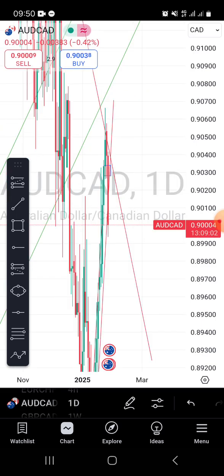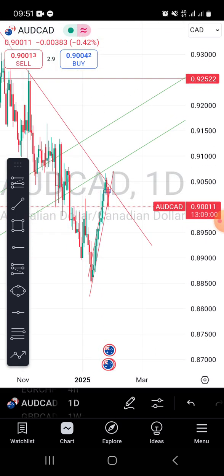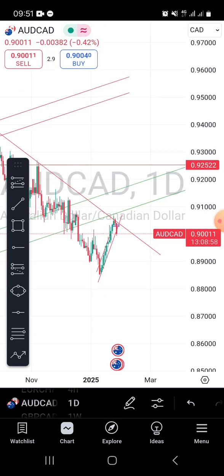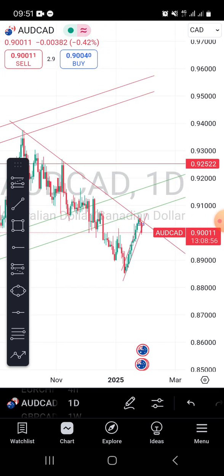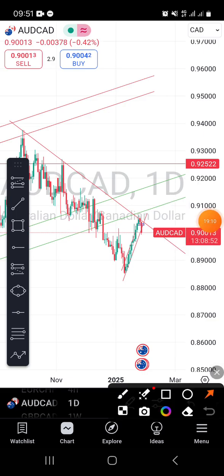So what do I have on AUD CAD? AUD CAD is in a bearish trend. Let me show us that on the daily time frame. We can see it. The first touch here, the second, now the third. And yesterday's D1 candle closed as a rejection candle on that trend line.